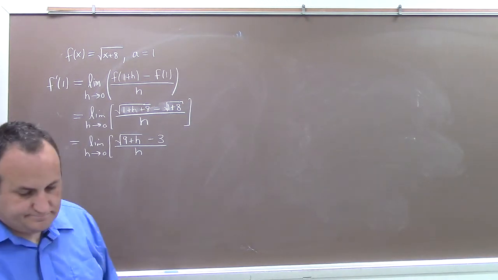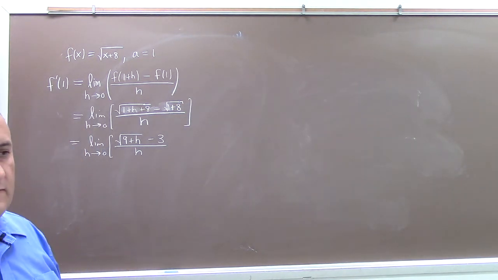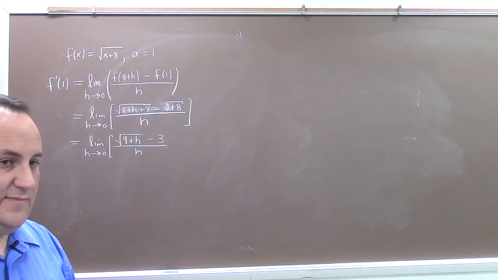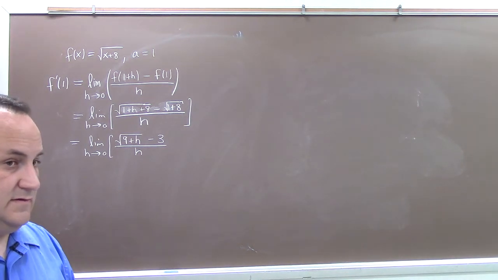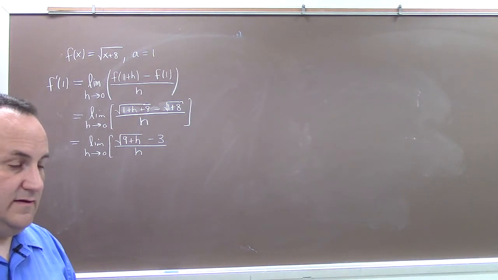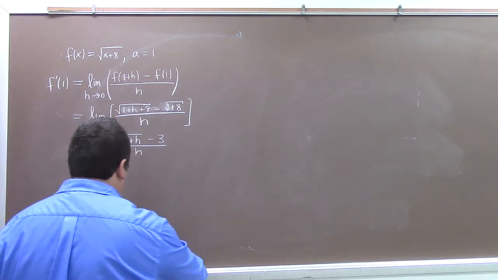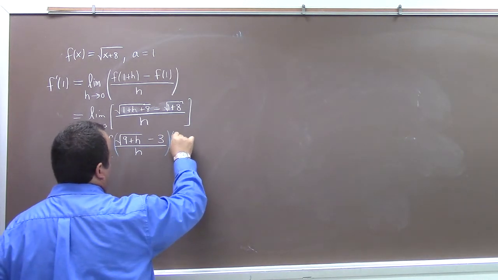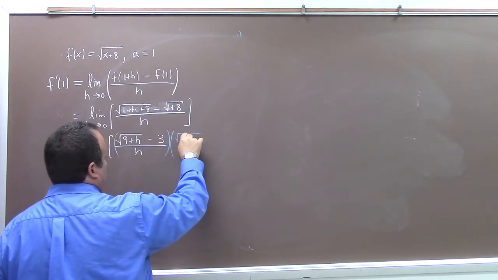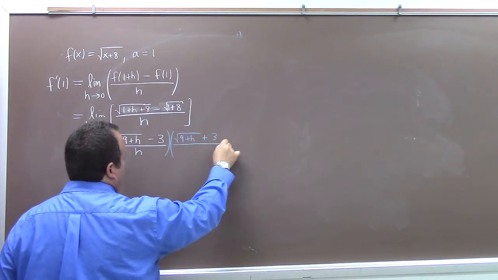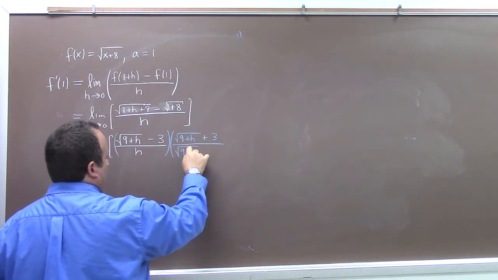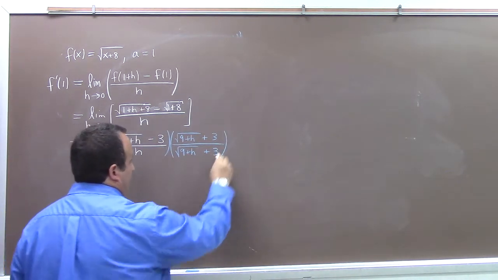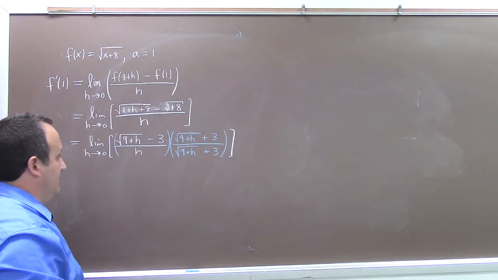Now, what kind of limit are we looking at? So I told you guys last class, every one of these derivatives, it's going to be indeterminate type 0 over 0 when you start. So the way to solve this kind of one is by this following trick. What you want to do is multiply by the same pattern, but with a plus. Right? What happens when you do that? Well, some pretty cool stuff.